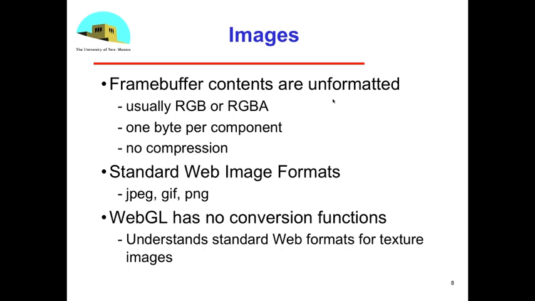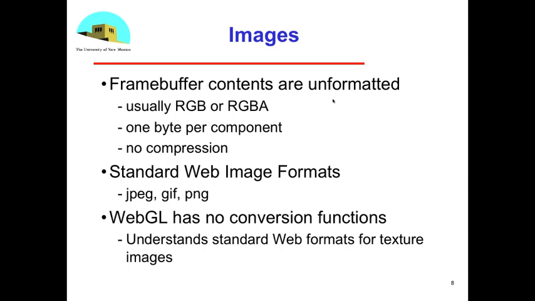So not only does it require some sort of conversion to go between that and a straightforward RGB image, because there's all kinds of different formats, WebGL, the developers just throw up their hands and say, well, we're not going to deal with that. That's up to you and your application. You have to figure out how to convert from the standard formats to RGB images. Now, there's one exception to that in WebGL that was not in earlier versions of desktop OpenGL, and that's for some of the standard web types.